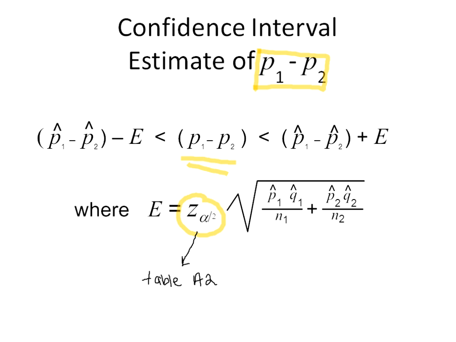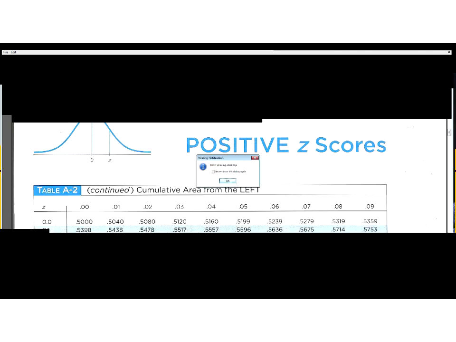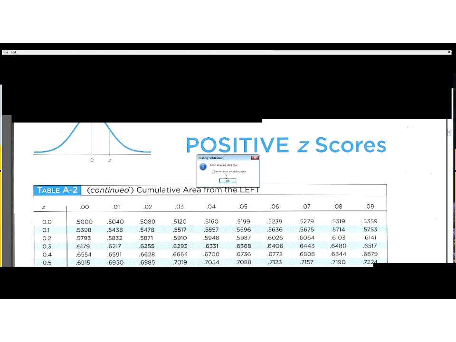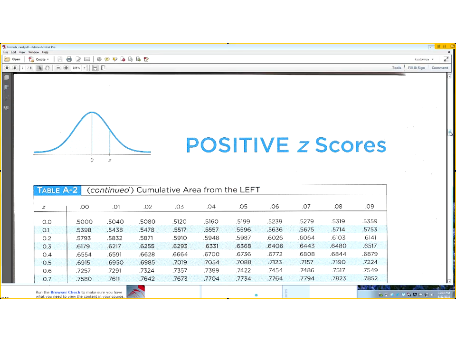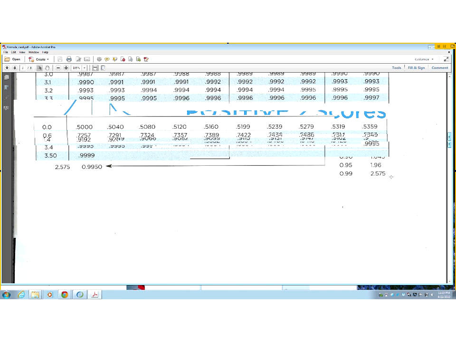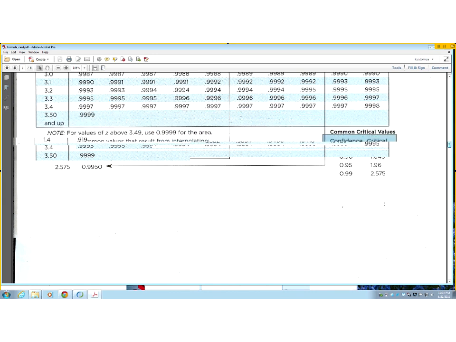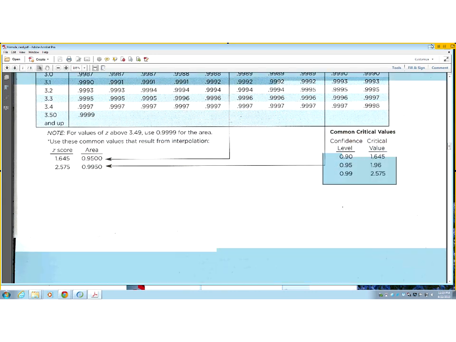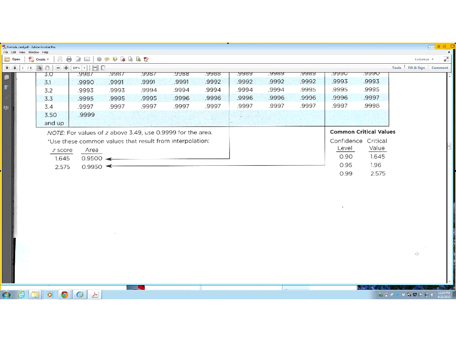Looking for the formula card. Here it is. If you have the formula card in front of you, I'm just going to remind you that if you're looking for critical values, in table A2 you go to the very bottom, and these are our critical values for Z. So that's from table A2.